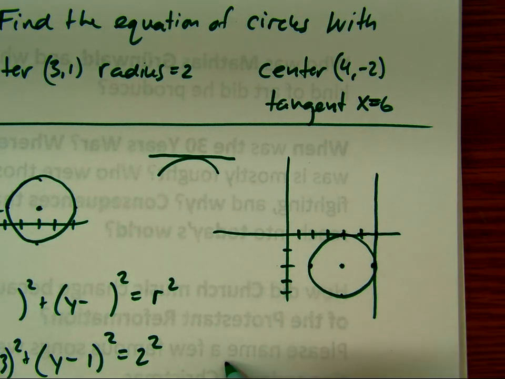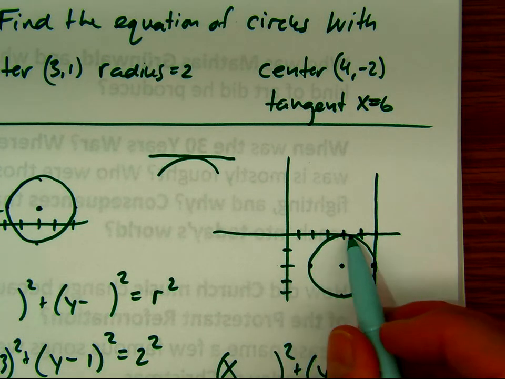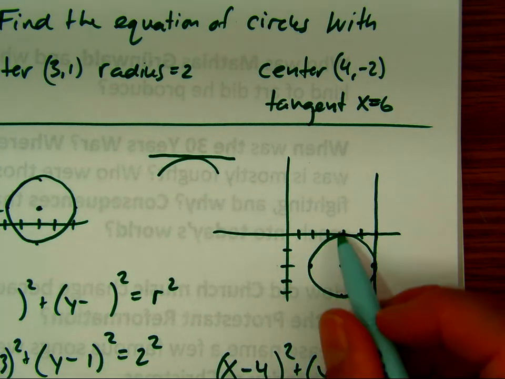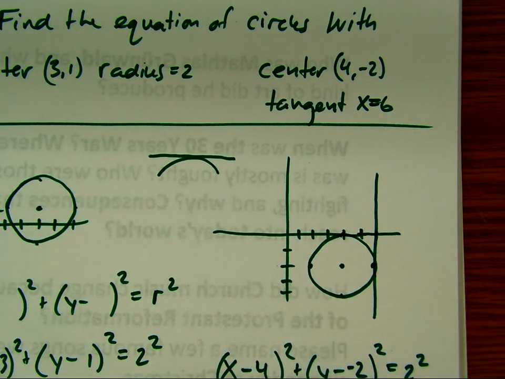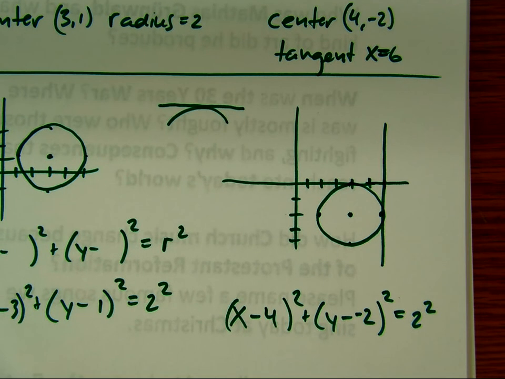So then we can fill in the equation. R squared. R is 2. And then we have 4 with -2 there. And that's the end of this lesson.